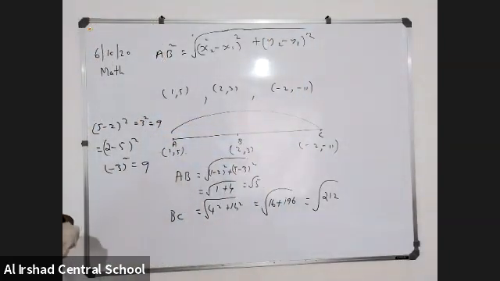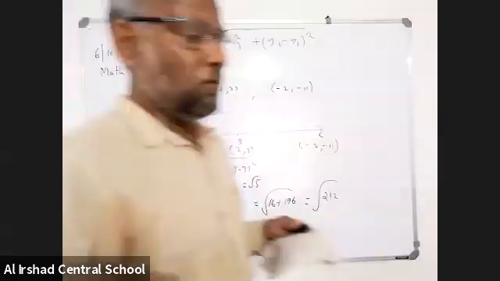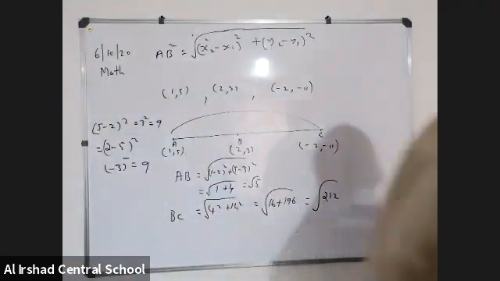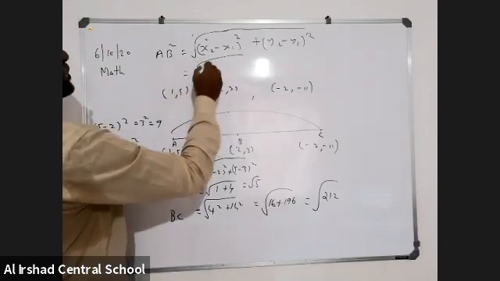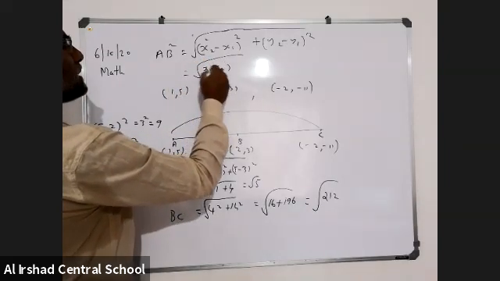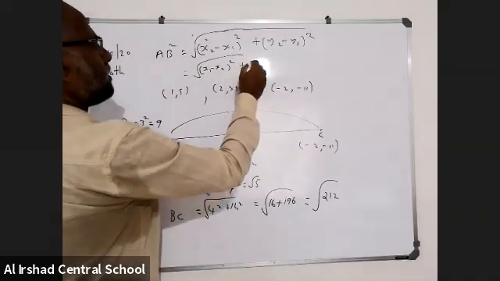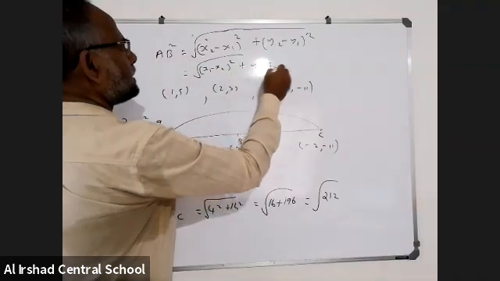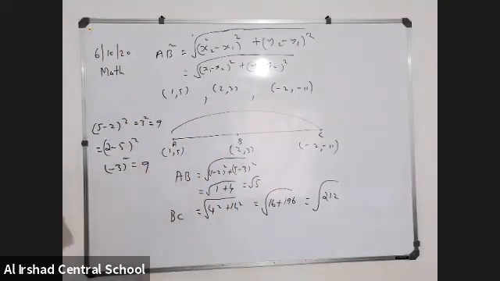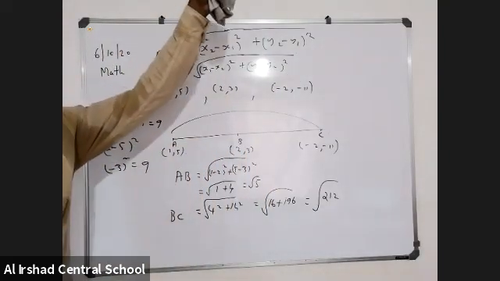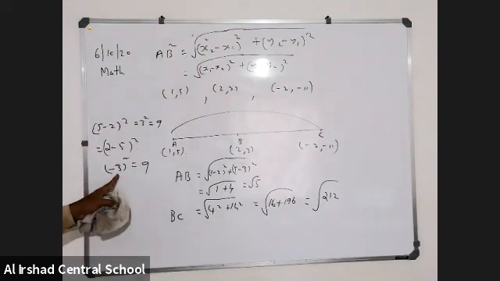Don't get confused by this. For our convenience, we can use this. This is exactly S1 minus S2 whole square plus Y1 minus Y2 whole square. You know why? Because minus square will be the same.